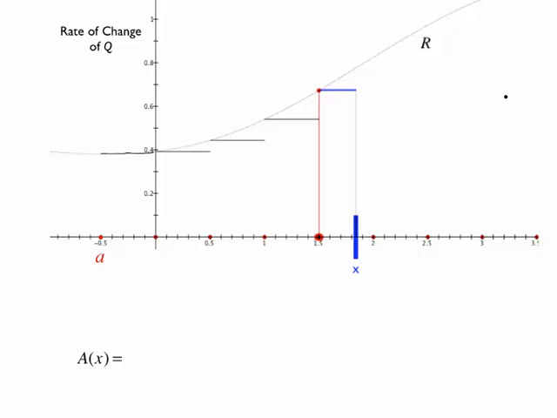Sierra, tell me one thing, just one thing that you observe about what's going on here. Anything. A of x is the rate of change. What do you think?